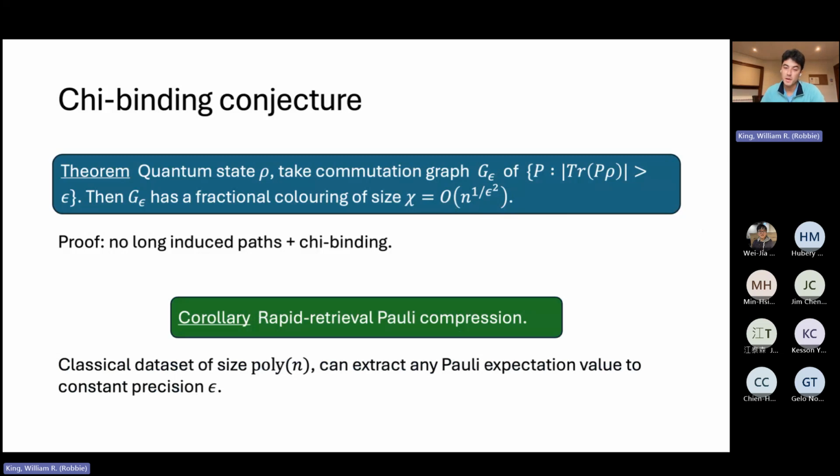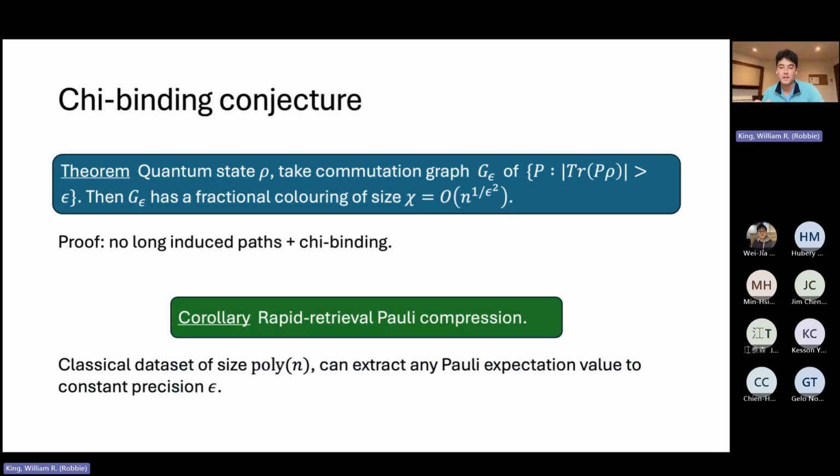And then using that many measurements, we can measure one color at a time and then get another set of measurements. Now, if epsilon is constant, we've only made a polynomial number of measurements in total. So we have a classical data set which has size polynomial in n.